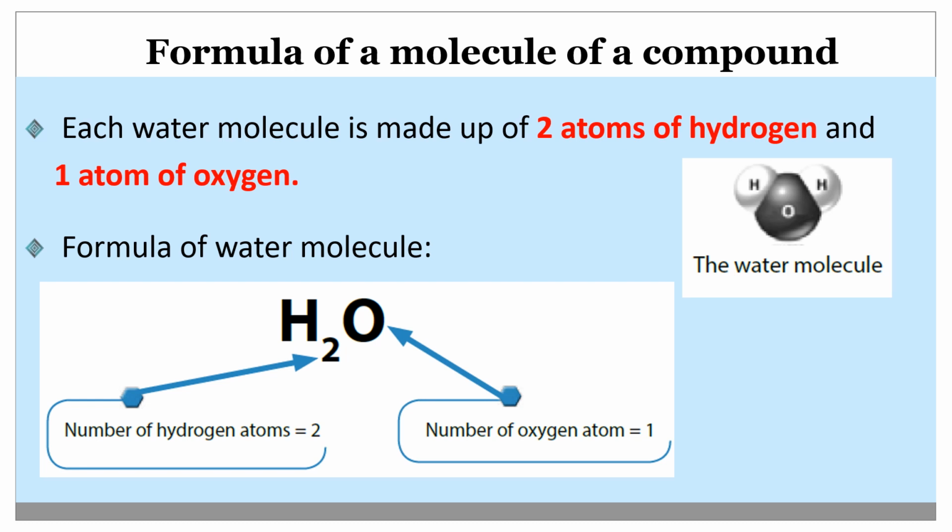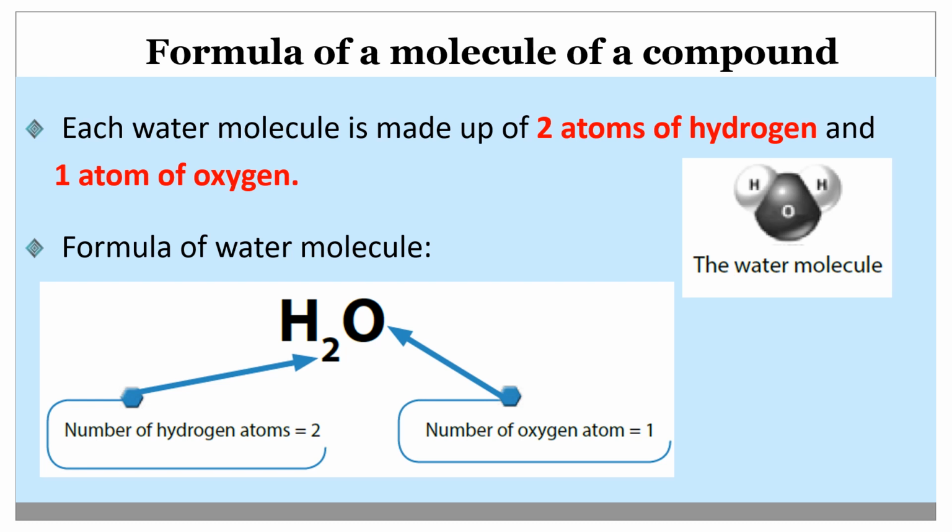You can also see that the symbol of hydrogen, H, is followed by a subscript 2. This subscript indicates the number of hydrogen atoms in one water molecule.